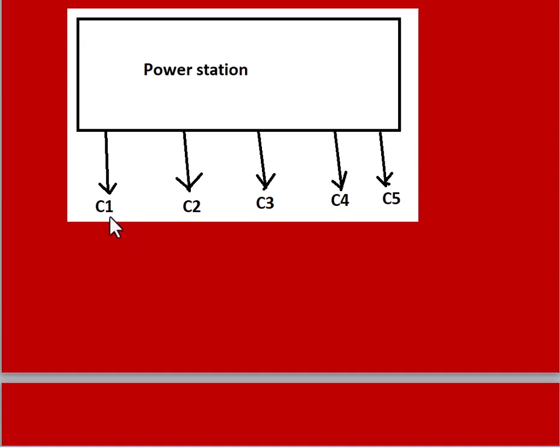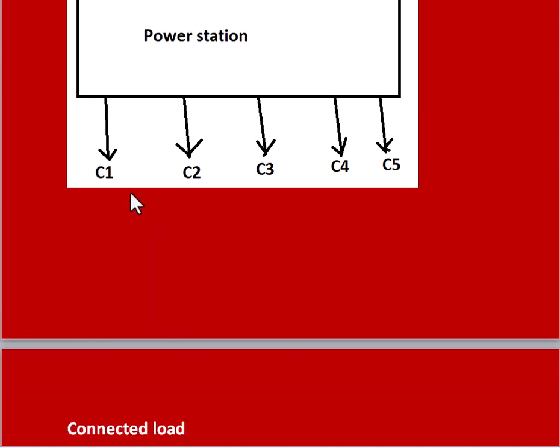Each piece of equipment the consumer uses will have a rating on it. Suppose a fan has a rating of 65 watts. Suppose it is an iron, then its rating is 1200 watts. Similarly, other equipment will have ratings.